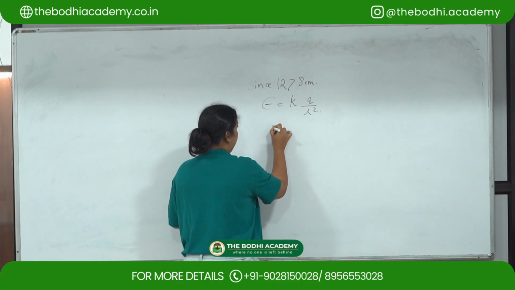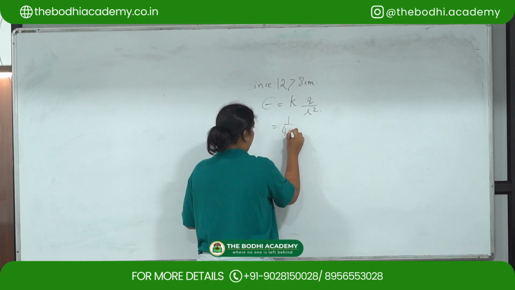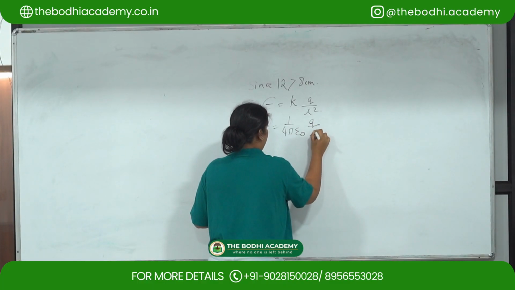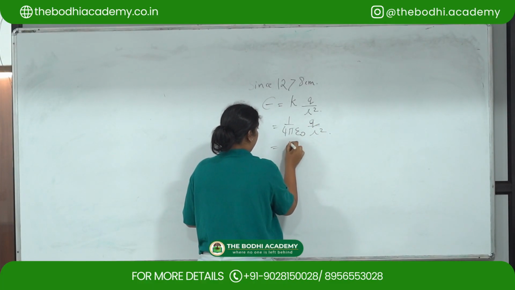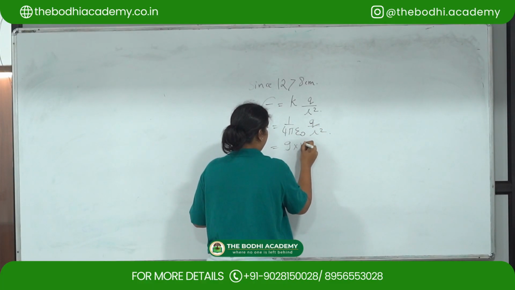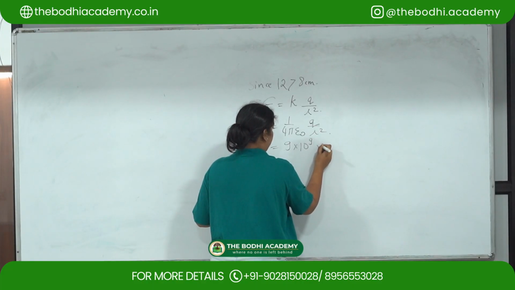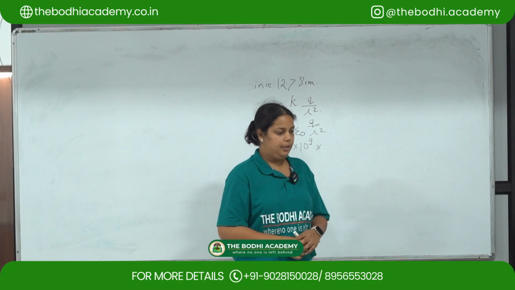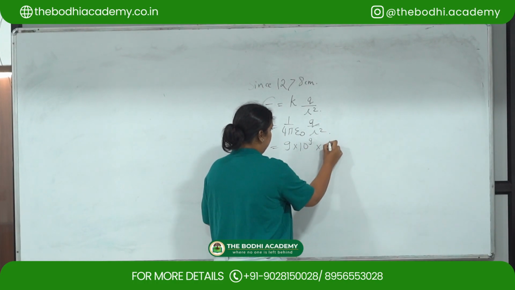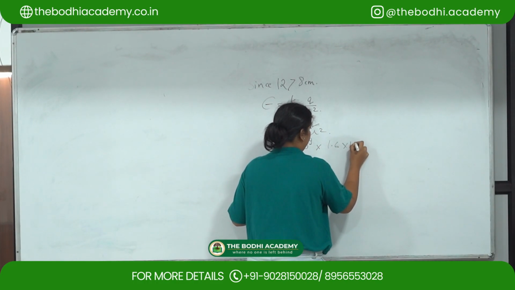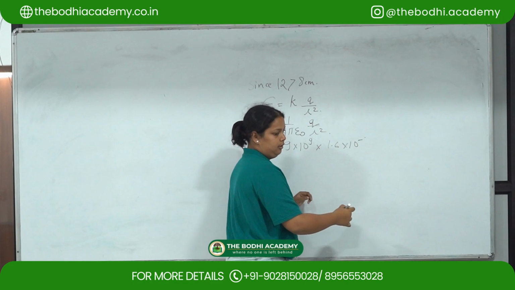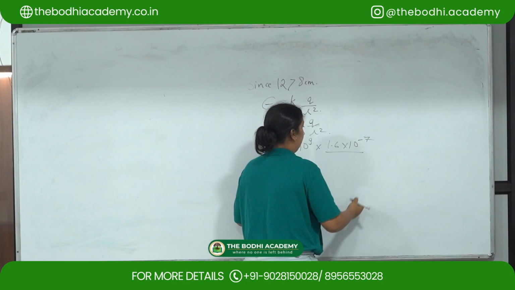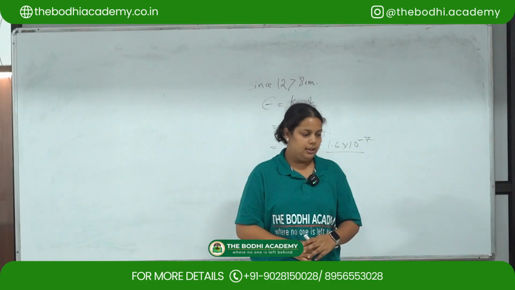So it will be 1 upon 4 pi epsilon naught Q upon R square. So this will be 9 into 10 raised to 9 into the value of the charge, which is 1.6 into 10 raised to minus 7, upon R square, that is the total distance.